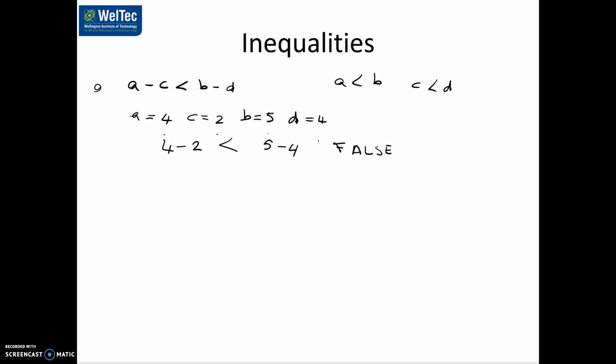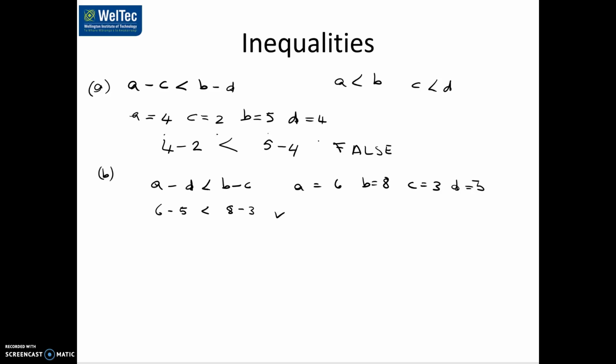The second one, what could be A minus D? It was A minus D less than B minus C. And if we choose, say, A equals 6, B equals 8, C equals 3, D equals 5, these are just random numbers, then 6 minus 5 is less than 8 minus 3.